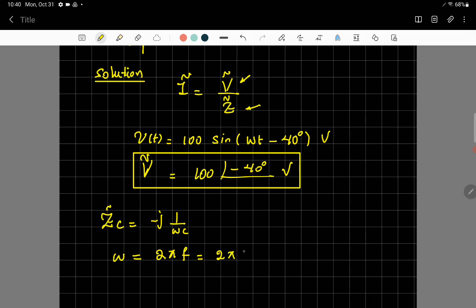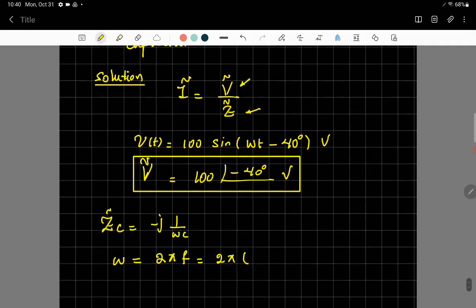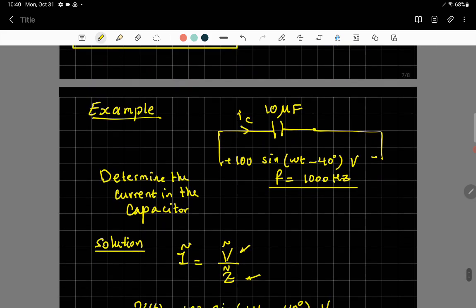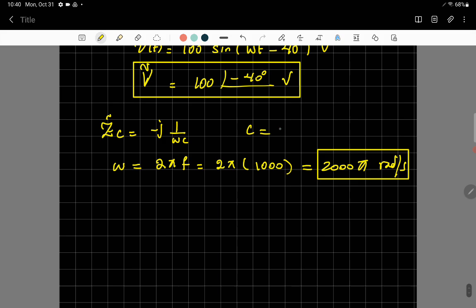So equal to 2 pi, and the frequency is 1000 hertz, so it will be equal to 2000 pi radian per second. So that's the omega. Now I have omega and I have c. C was given as 10 microfarad. So now I can find ZC.